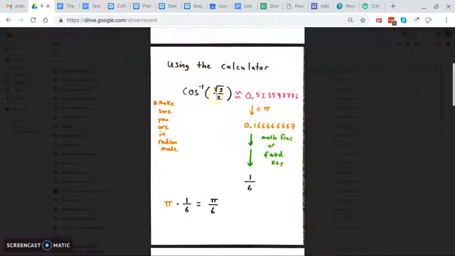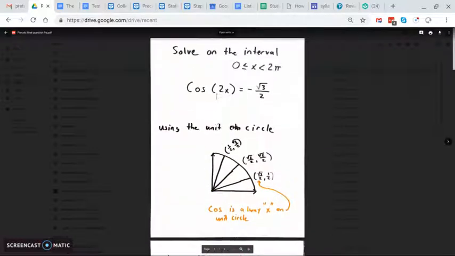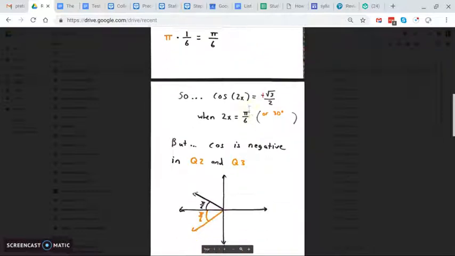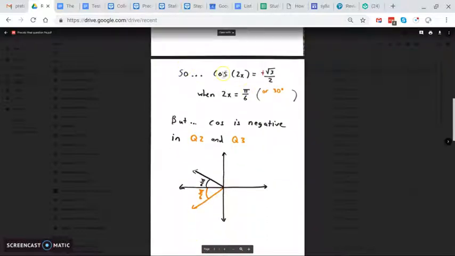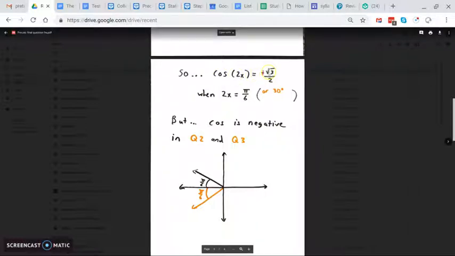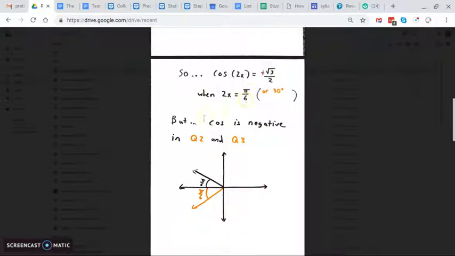And you'll notice I did the positive, not the negative over here. I'm going to adjust for that right now. So cosine of 2x equals positive square root of 3 over 2 when 2x is equal to pi over 6. But in our problem, the cosine is negative.